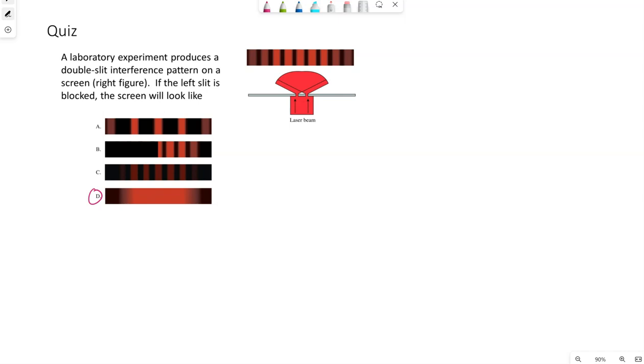So go back and watch the video demonstration if you need to. We always see the single slit interference pattern, and then within the single slit interference pattern, we see the individual bright and dark spots due to the double slit.